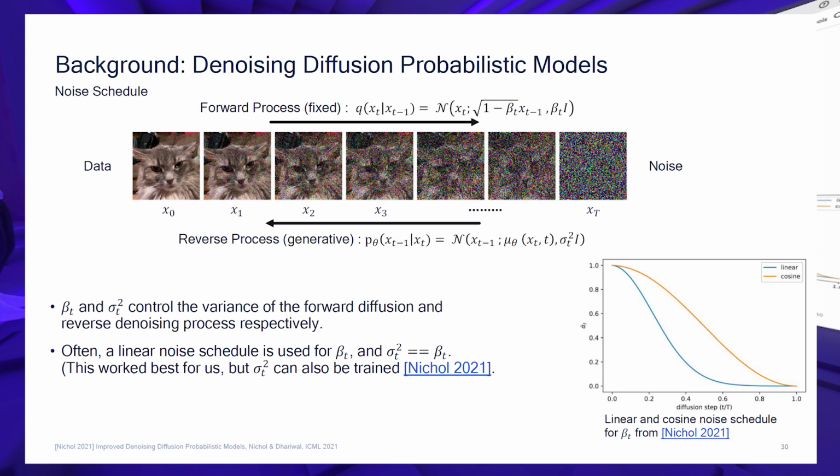This parameter is controlled by something called beta t and sigma t square, which controls the amount of noise that you add and how you add it. And usually linear and cosine schedules are commonly used to do this. People have experimented with a bunch of different noise schedules, but I think linear and cosine have stuck along.